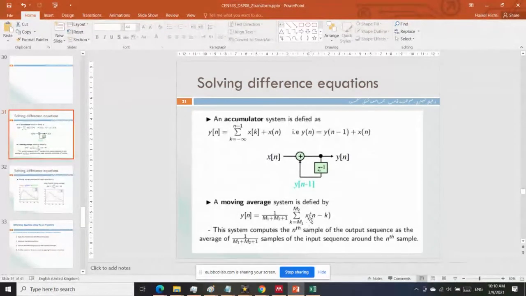So we take a group of x values around the current value, from past to future, we compute the average, and that's why we divide by the total number of samples.